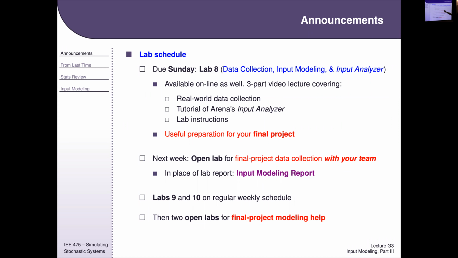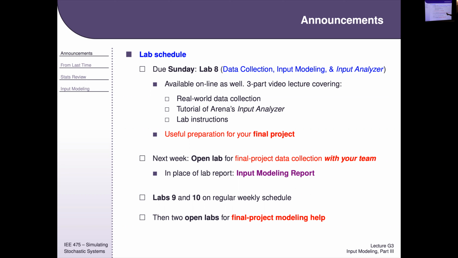We gave you a variety of different types of data, continuous and discrete, meant to help prepare you for the type of data you'll see when collecting data for your final project. The goal of next week's lab time is to give you time to work on your input modeling report.